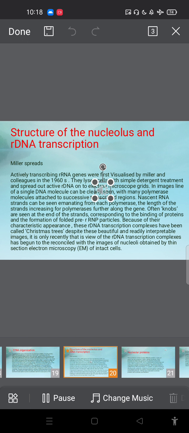Despite these beautiful and readily interpretable images, it is only recently that this view of the rDNA transcription complexes has begun to be reconciled with the image of nucleoli obtained by thin section electron microscopy of intact cells.